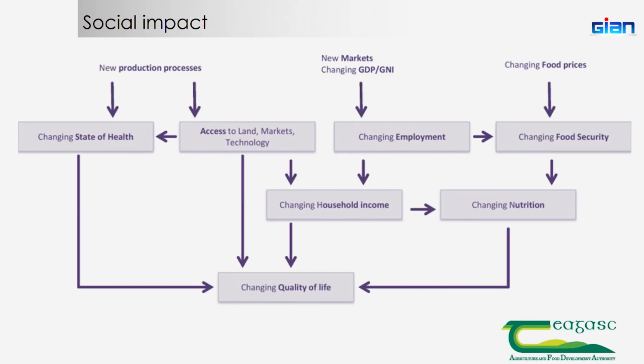How do you estimate a social impact? What is really a social impact? Impact on society. Nutrition and well-being are all considered societal impact. New production process, change in health. If you don't use chemical pesticides and you have a biopesticide, you have better health.